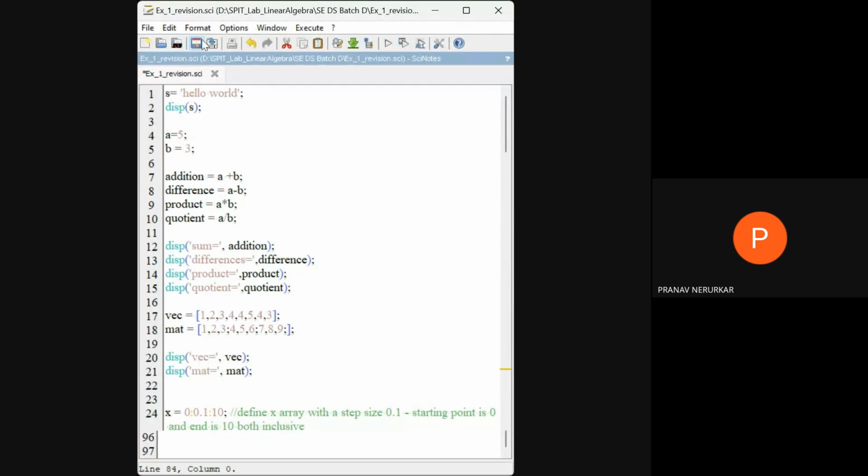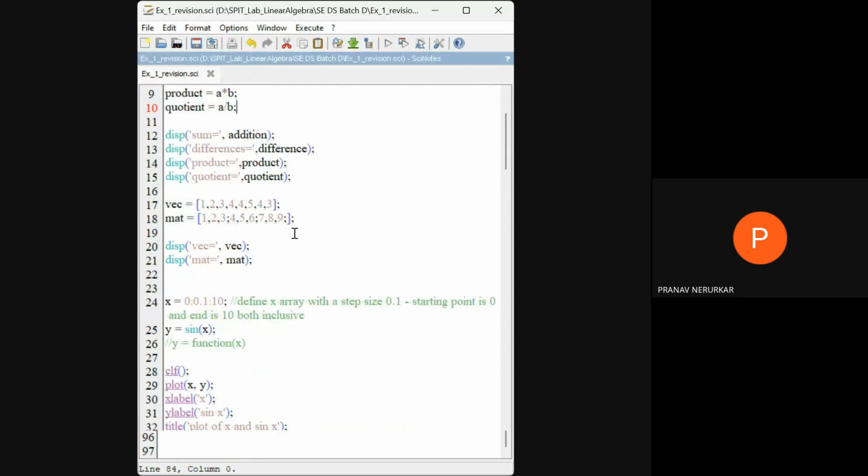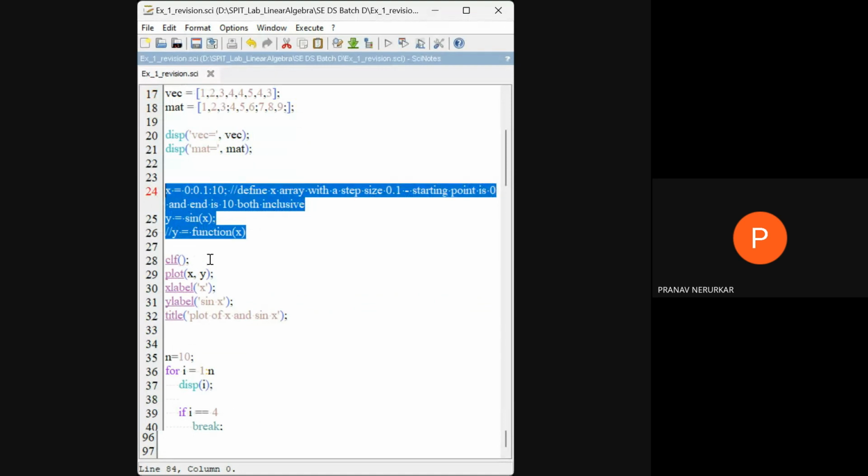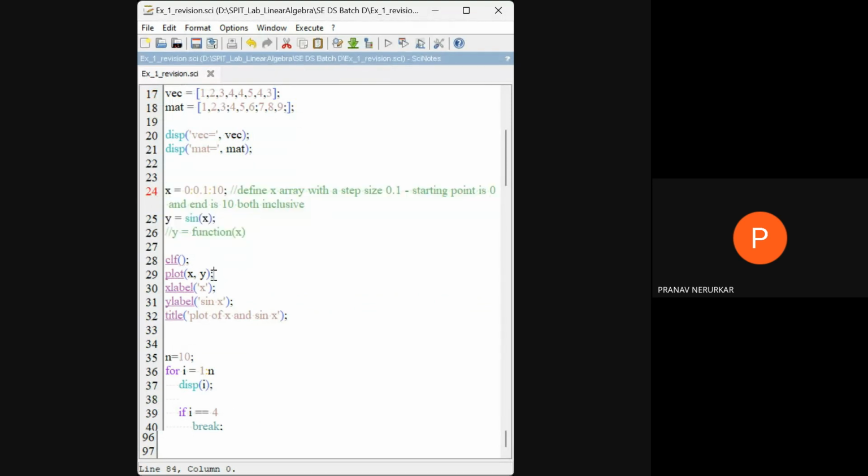So in this way, variables, displaying some value, adding math operations on vectors and matrices, array, which is a type of vector, plot x and y without using loops. There are some functions which can be applied at the same time on all the array elements.